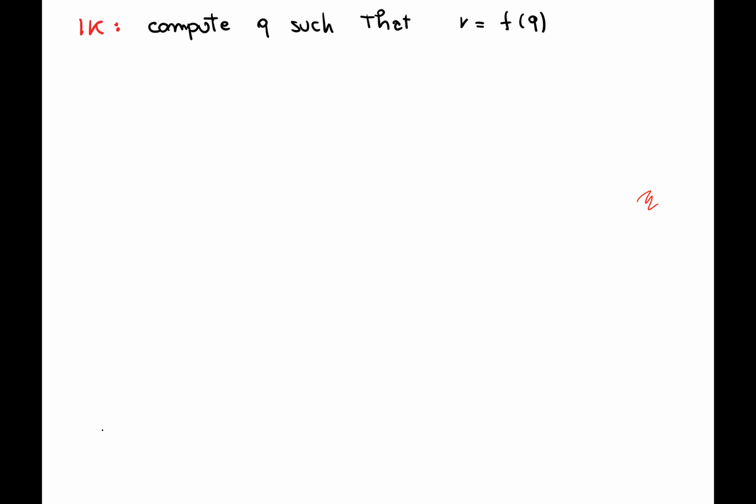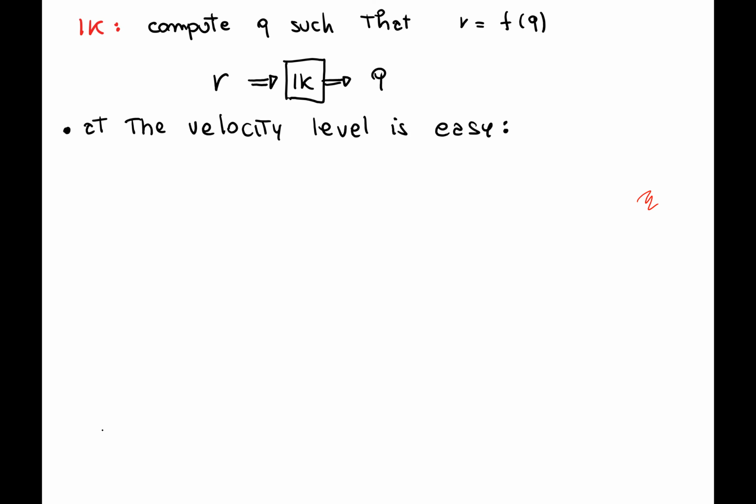Remember, inverse kinematics computes the joint variables that correspond to certain end effector position or task variables. Inverse kinematics can be computed either at the position level, which we saw before, but also at the velocity level.